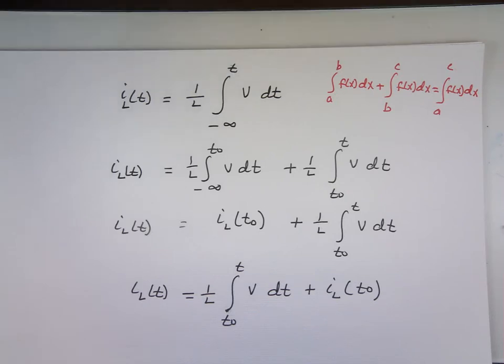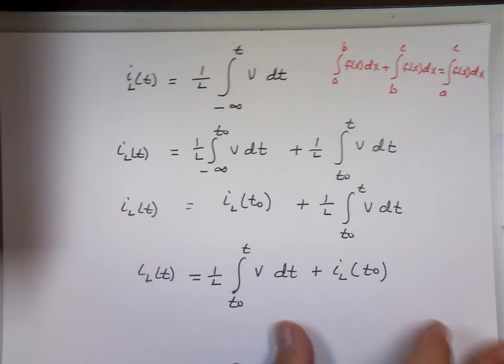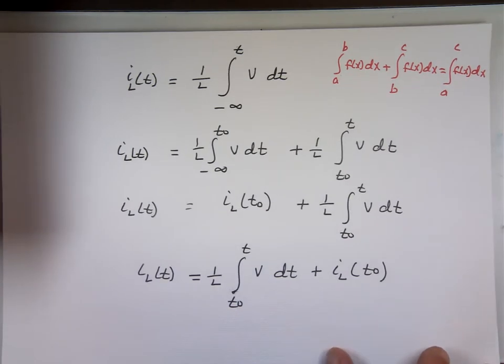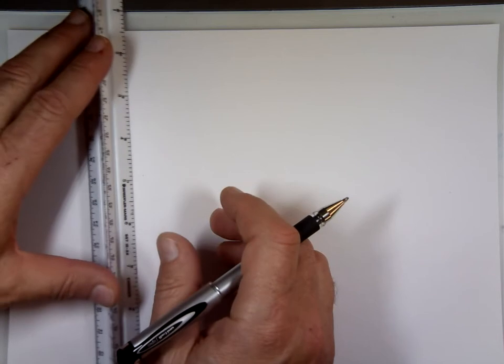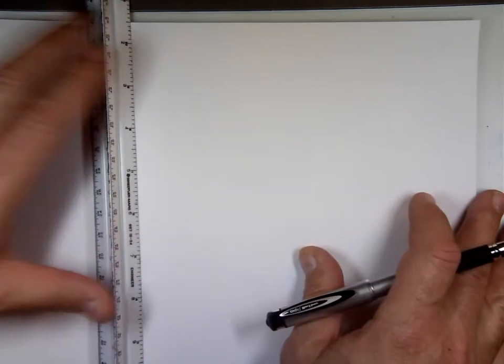Let's try an example. Leave a space on the left a little bit there. Notice I'm moving my axes to the middle here.